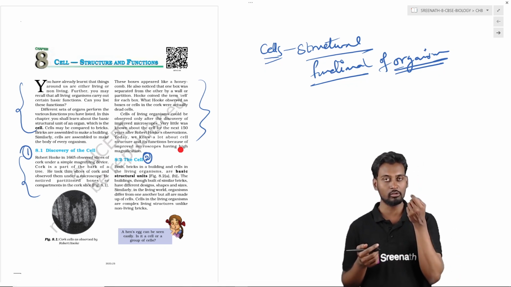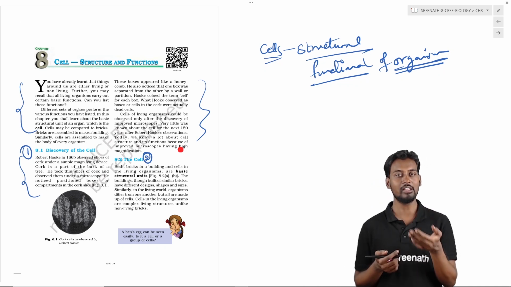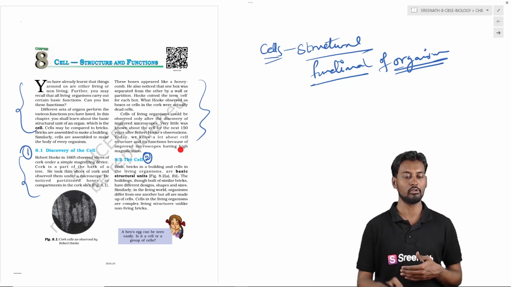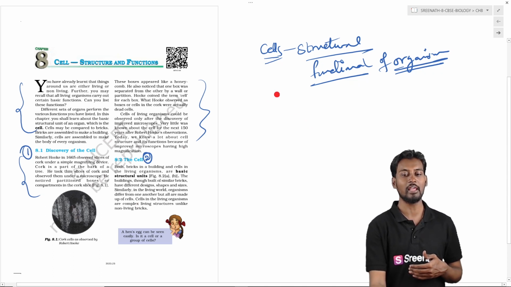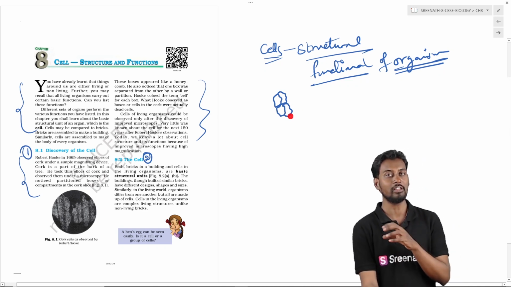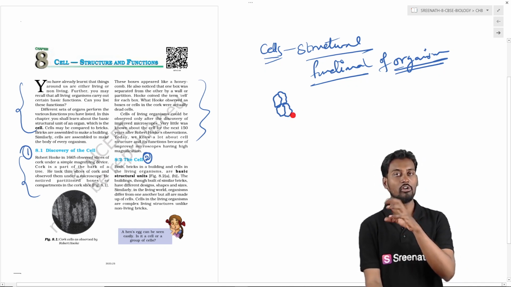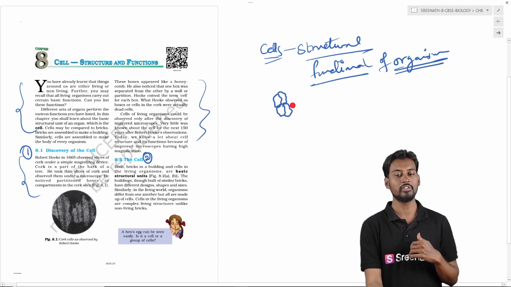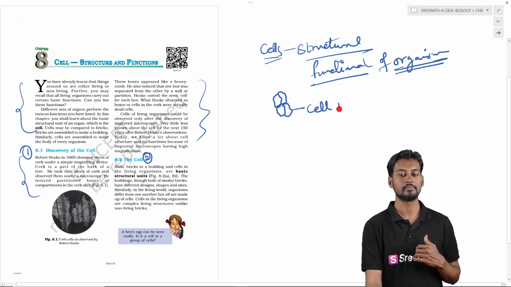He took a thin section of the cork and observed it under the microscope, which showed boundaries enclosing hollow or empty cavities, with the appearance of a cell wall making the boundary of the cell.